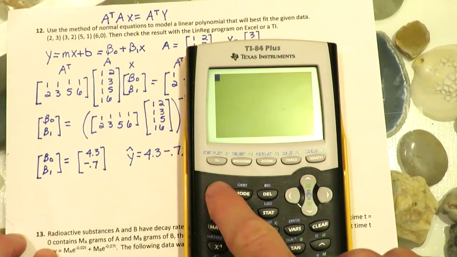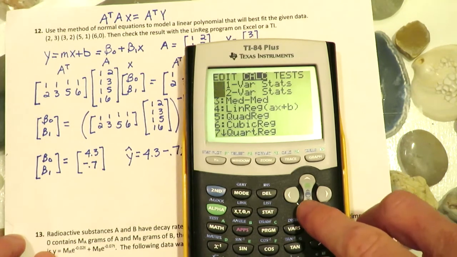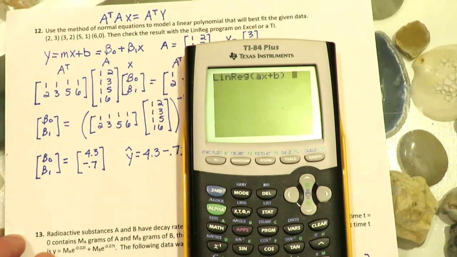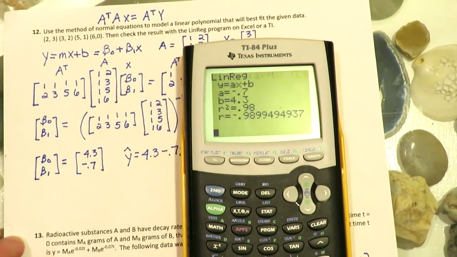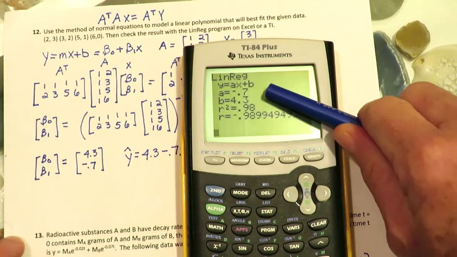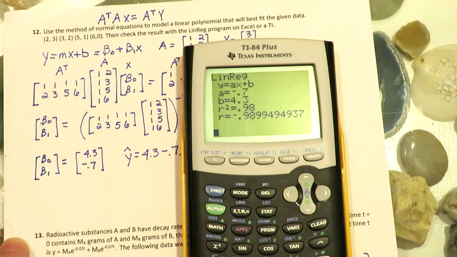I am going to run the linear regression program, and my x's were in list 1 and my y's are in list 2. And notice I get this information with an R value of 0.98, well, negative 0.98. The negative just means that as x goes up, y is going down, but that's a fairly tight value for R, meaning the data fits the line pretty well.